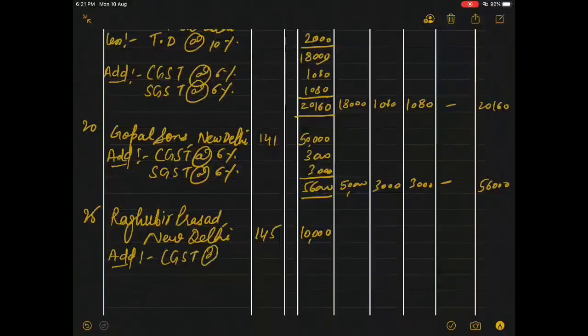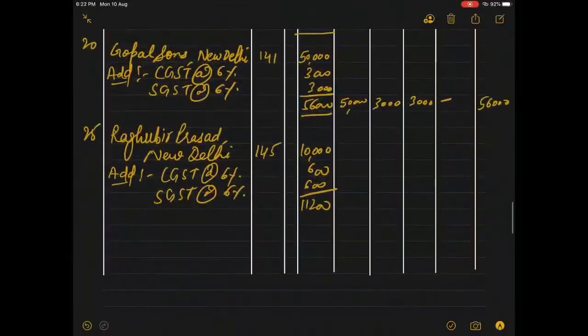There is no trade discount. Then add CGST and SGST at 6%, because all transactions are related to Delhi, that is 600 each. Total is 11,200 and the amount of purchase return is 10,000. 600, 600, blank, and 11,200.